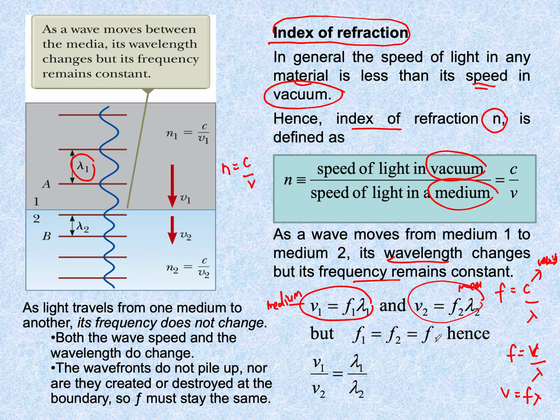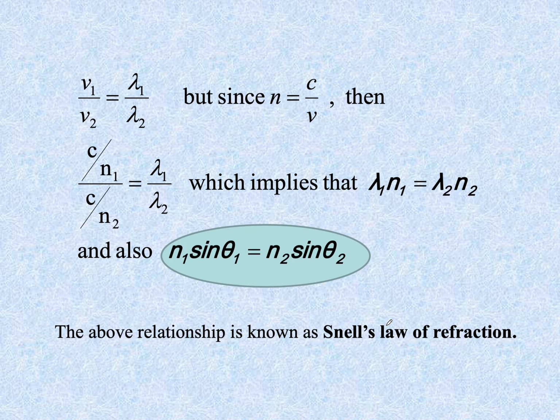Since the frequency is the same, we can cancel f and get the relationship v1 over v2 equals lambda 1 over lambda 2. As light travels from one medium to another, the frequency does not change, but both the wave speed and the wavelength do.